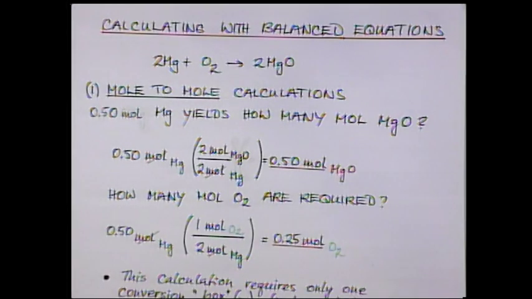First of all, let's do some mole to mole calculations. For instance, I have given 0.50 moles of magnesium, and I want to find out how many moles of magnesium oxide I can produce. Well, as I mentioned before, we put the given up front, moles magnesium, and I always put subscripts of the proper chemical because that keeps track of the chemicals, at least for the beginner.